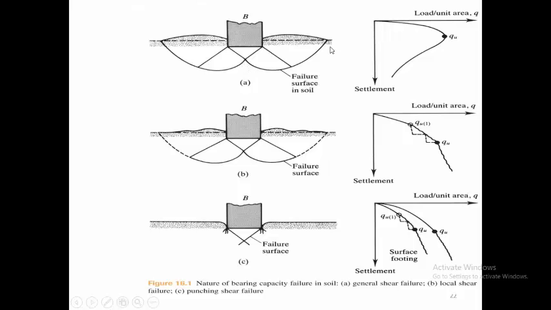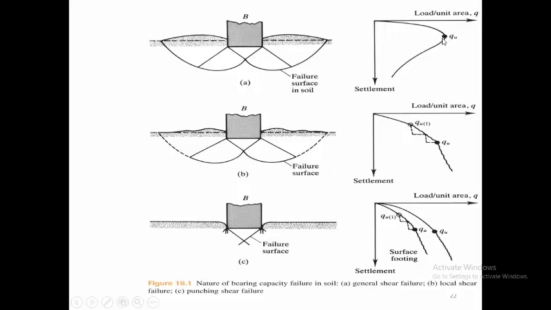So, if we look at the relationship between the load per unit area over settlement, okay, there will be a time that you will achieve QU. Okay? This QU is the ultimate bearing capacity.